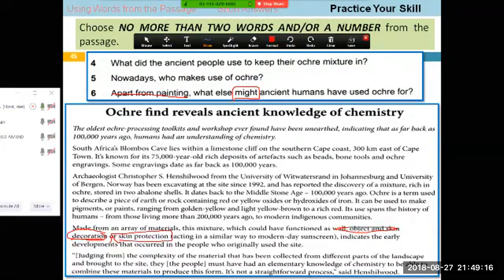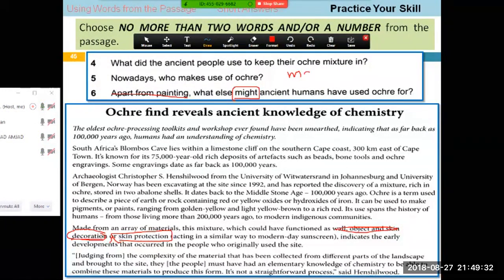Might. Now, what is the meaning of might? Might here is the second form of may.